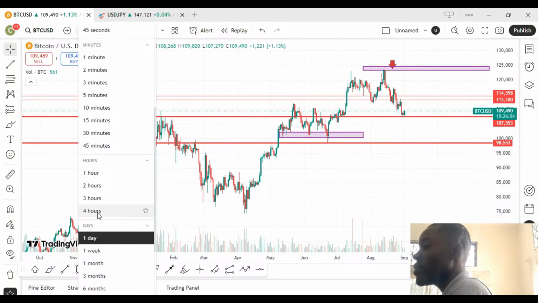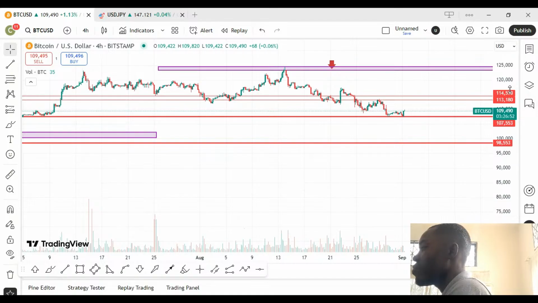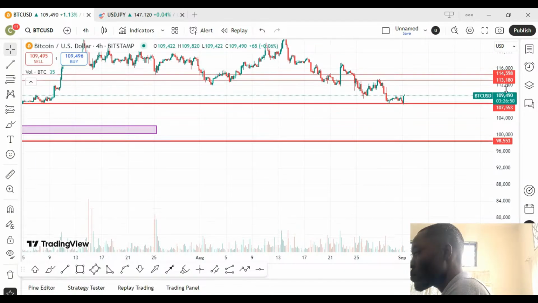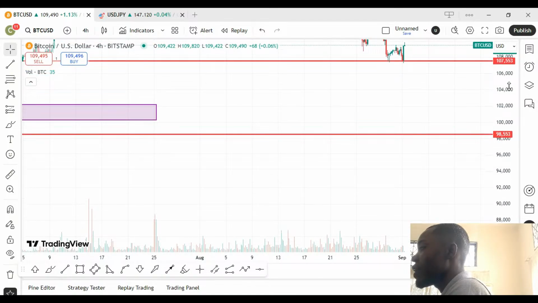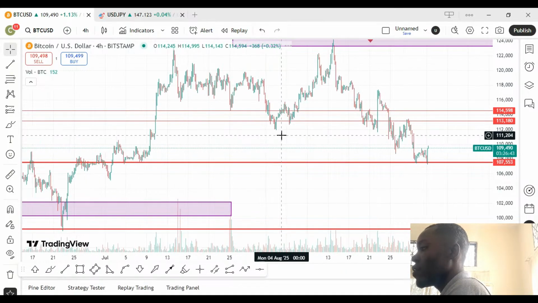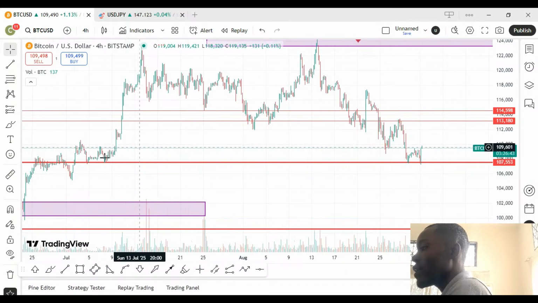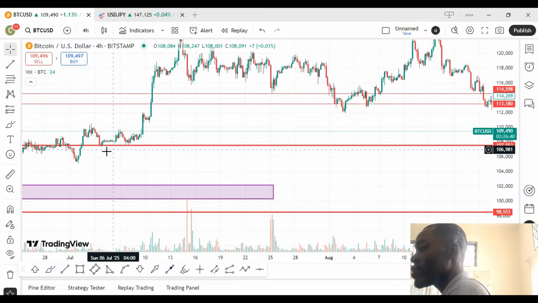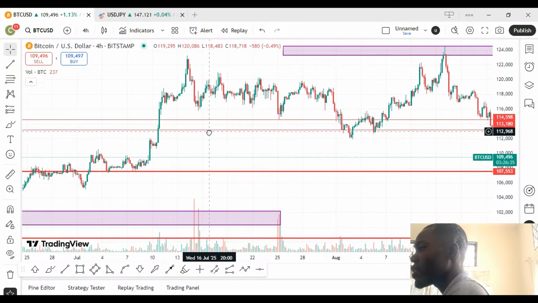If I change it to a 4 hour time frame, you can see clearly that this area, look at the left side here. This has been an area that pushed the market all the way to 24,000.